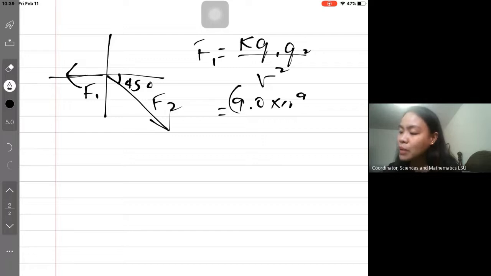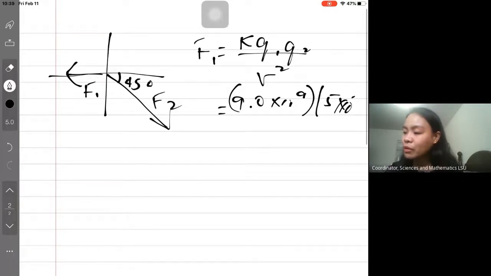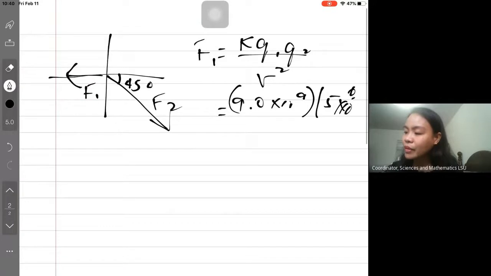I will not be putting the units anymore. Our Q1 will be the 5 microcoulomb, so you have 5 times 10 to the negative 6. And then Q2 will be 4 times 10 to the negative 6.